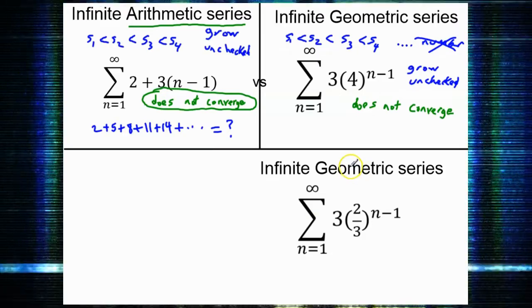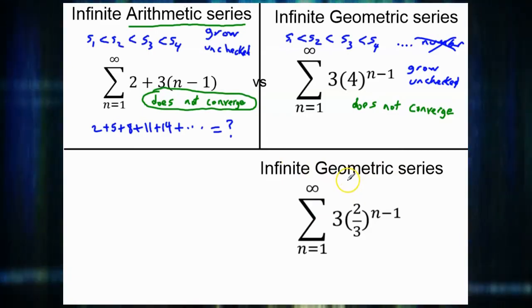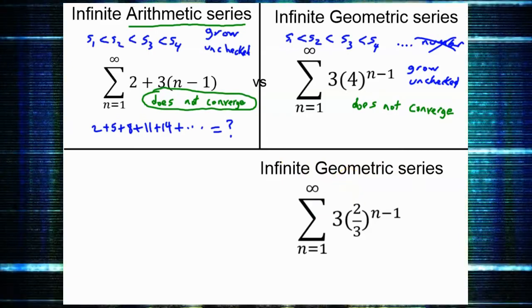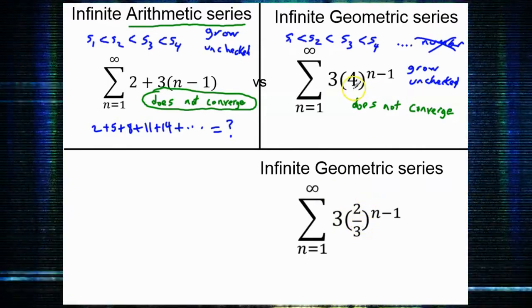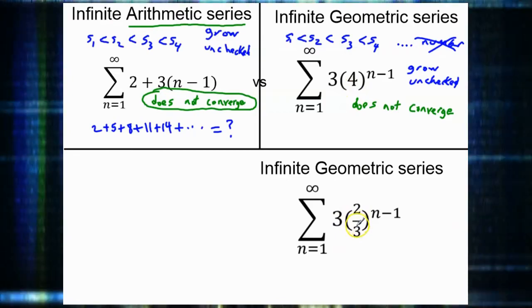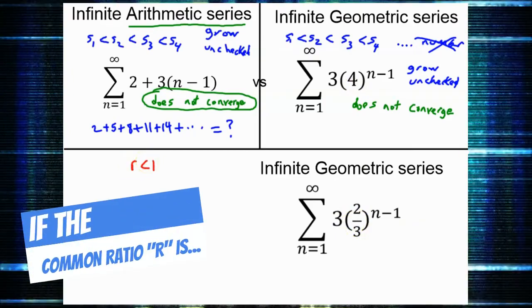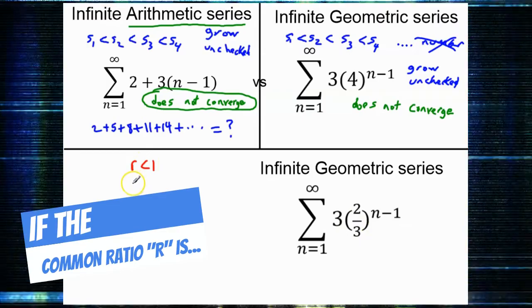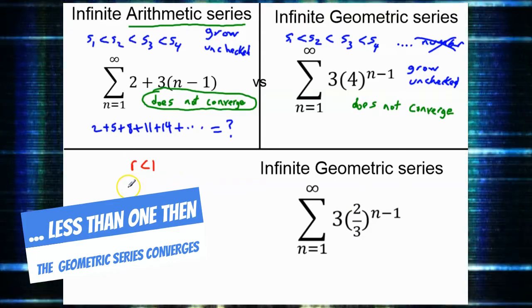But what about this one down at the bottom, this infinite geometric series? There's a difference between the two. This one has 2/3 right here, that one has 4. So the common ratio is different in these series. It turns out that as long as that common ratio is less than 1, the series will converge.